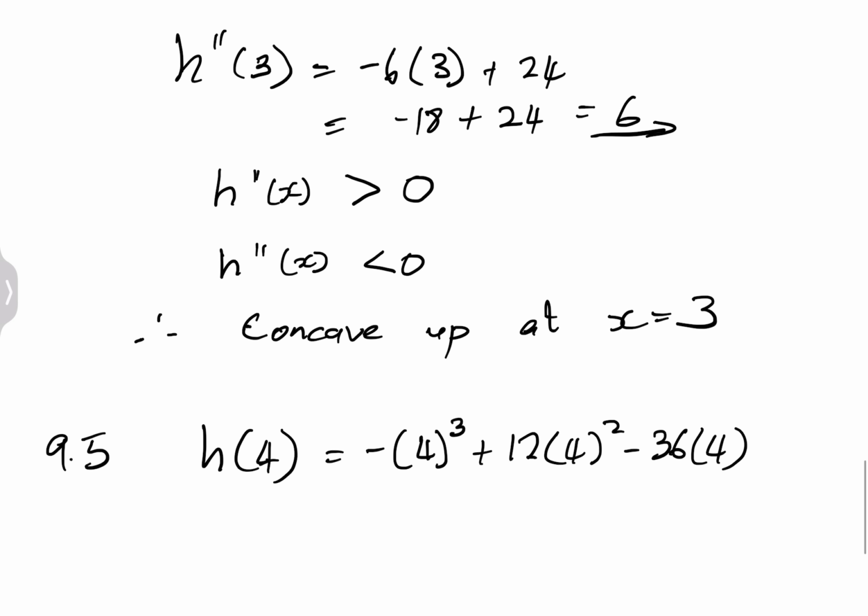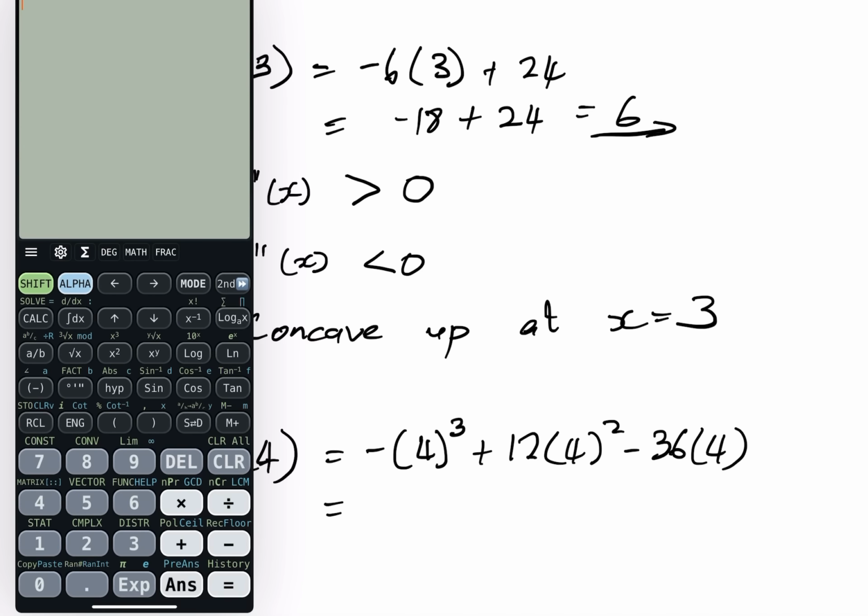Okay, in this case, I'm going to be lazy and just put that in my calculator. That's minus 4 cubed, plus 12 times 4 squared, minus 36 times 4, and in this case we get negative 16.